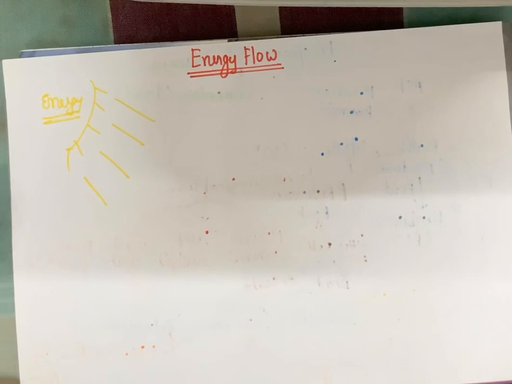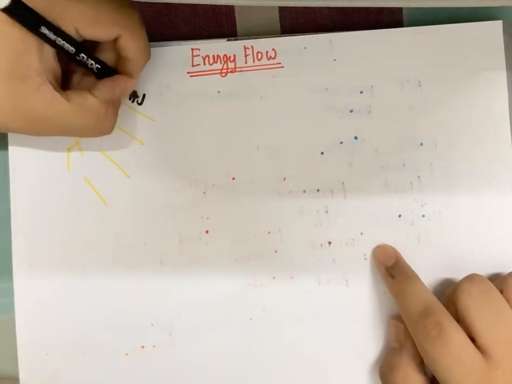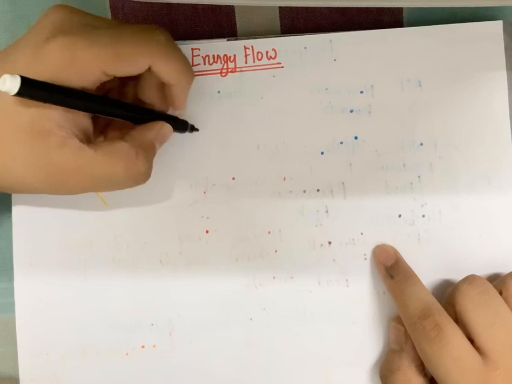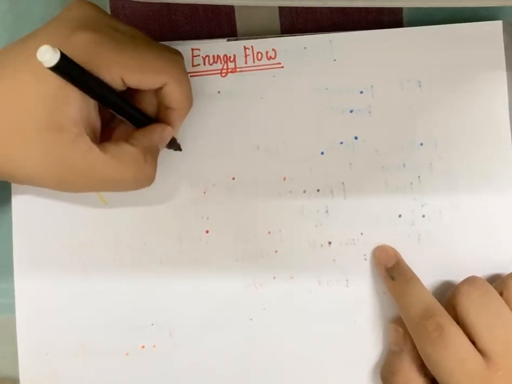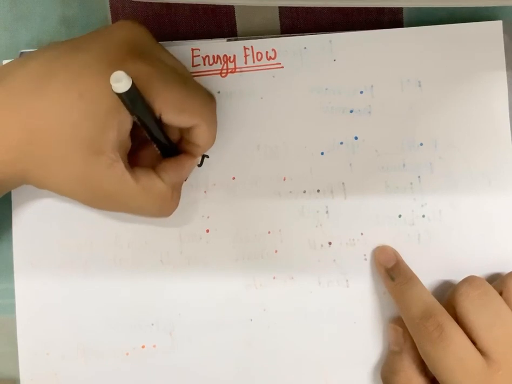Now we know the sun's energy is trapped by the autotrophs and then by photosynthesis they convert it into organic matter. So suppose the sun is emitting N joules of energy. Out of this N joules, only N by 2 joules is available for photosynthesis.